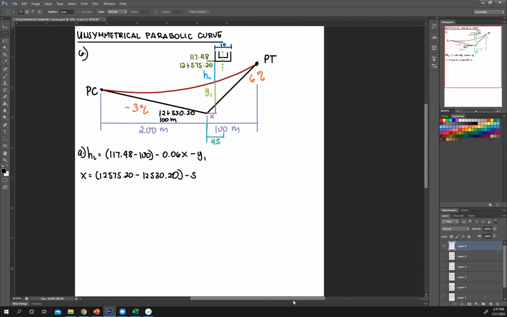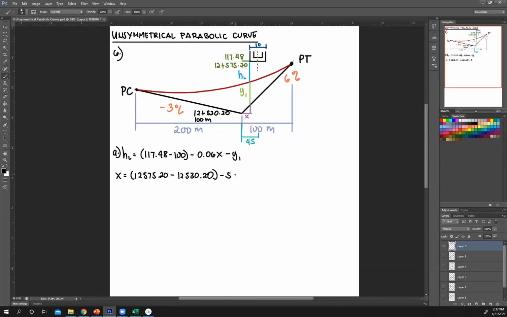Alright, so correct, this is 45 minus 5, therefore this is 40. Now I have x, so this is 40. Next, I need to solve for y1. To solve for y1, you're going to use again your offsets, y1 over the horizontal distance.